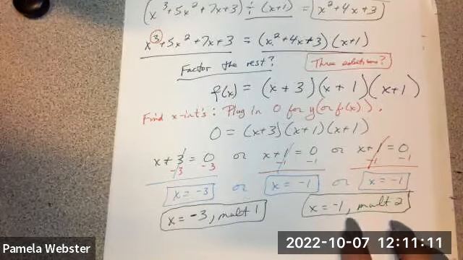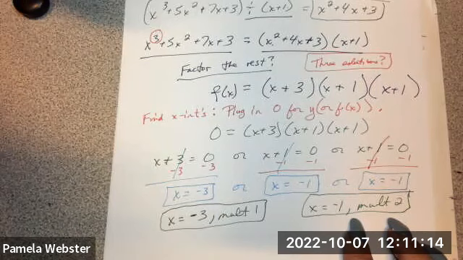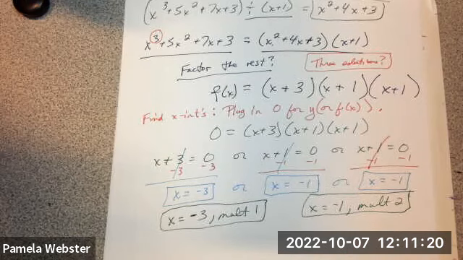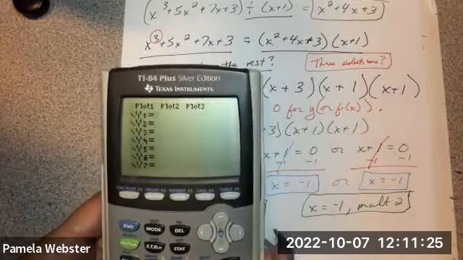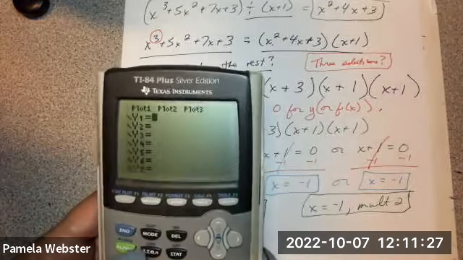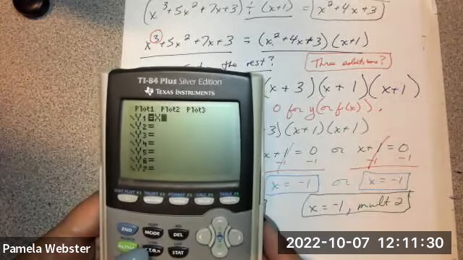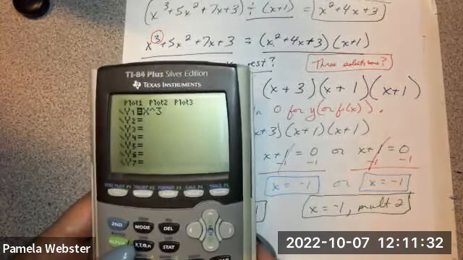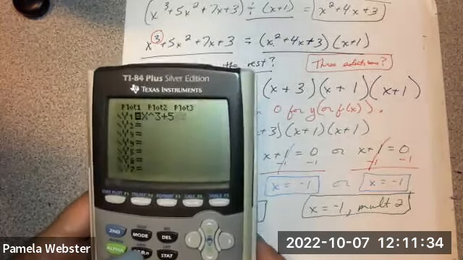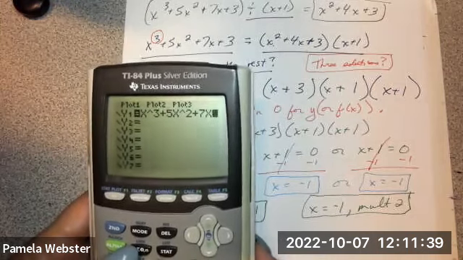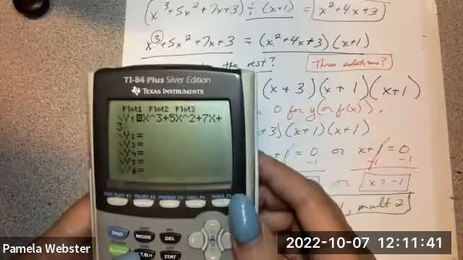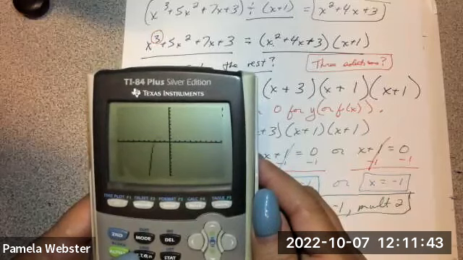I'm sorry, if I have a multiplicity of 2, then that guy is going to be something that bounces, right? So let's get this guy into my equation in my graphing calculator and see if we can do this. We have x to the third plus 5x squared plus 7x plus 3. Okay, so let's see what that looks like.